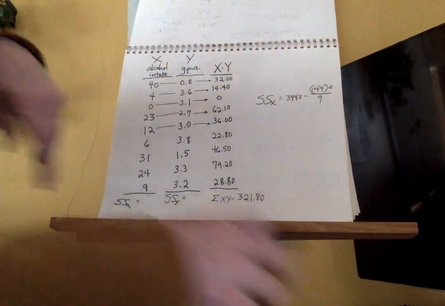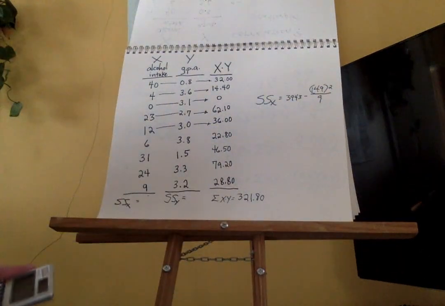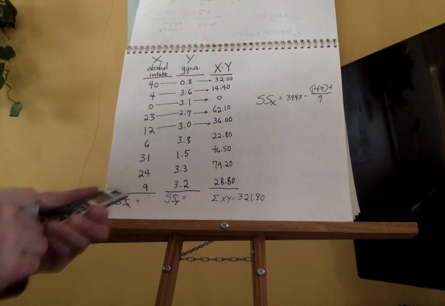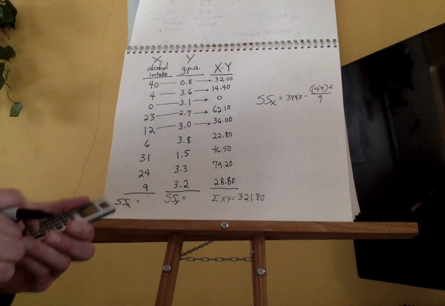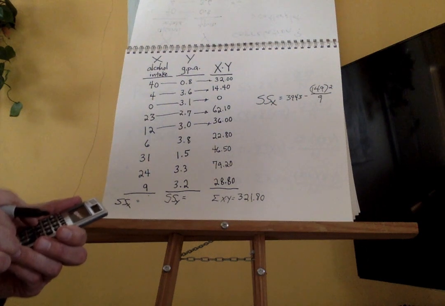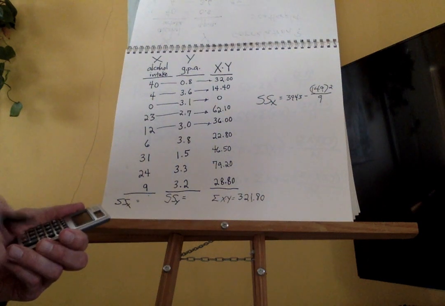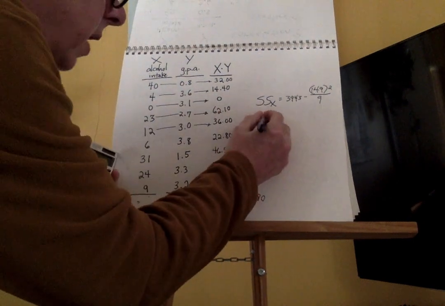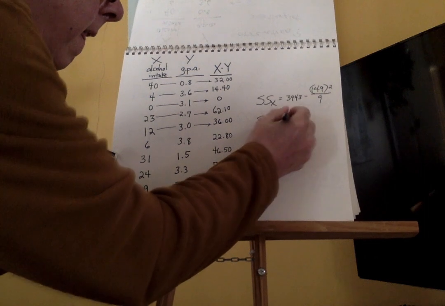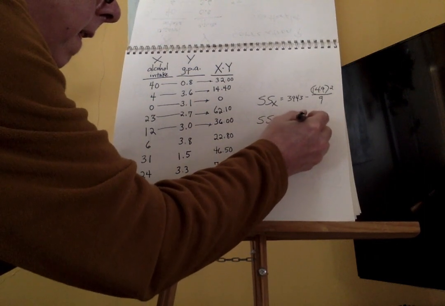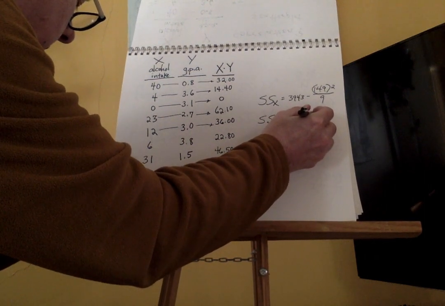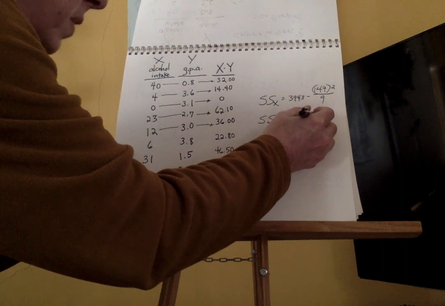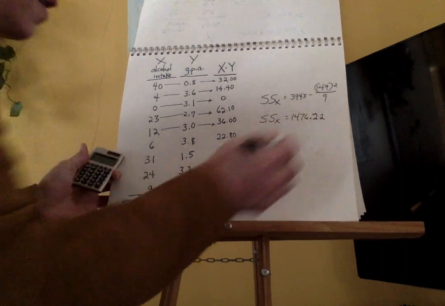So let's see if we can do that. 149 squared divided by 9. Okay, so this is 2466.78.